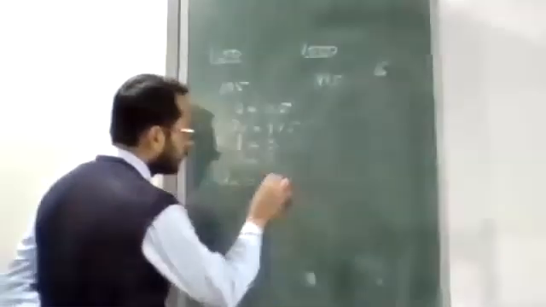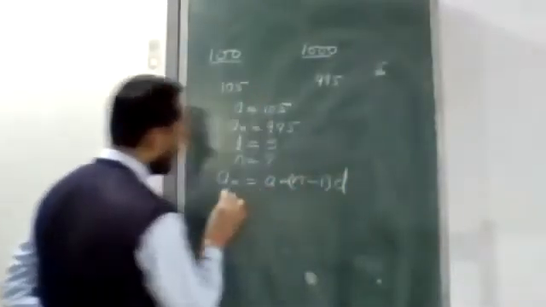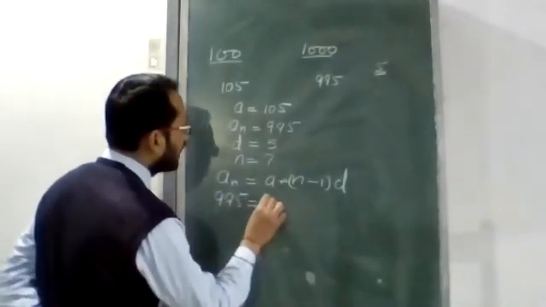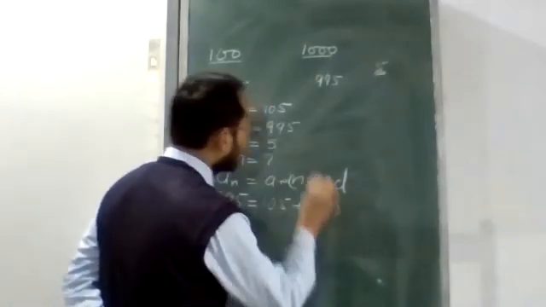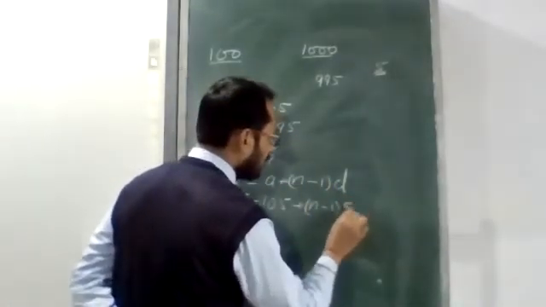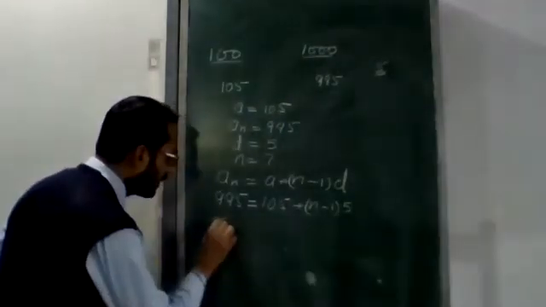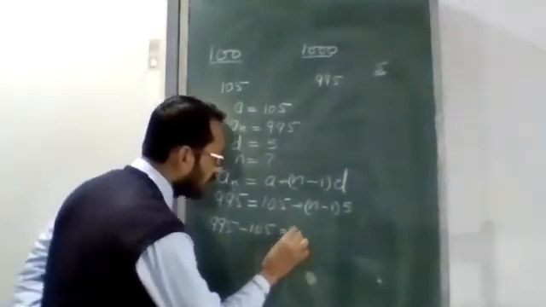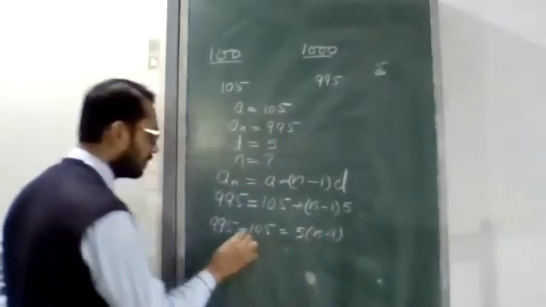An is equal to A plus n minus 1 into the difference D. An is 995 equal to A, 105, plus n minus 1 into the difference, which is 5. So 995 minus 105 is equal to 5 into n minus 1.